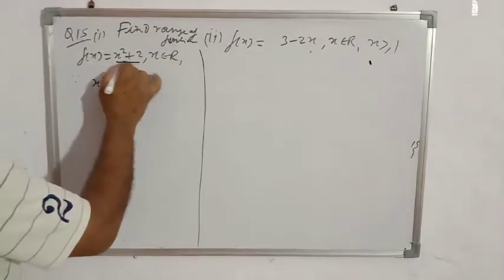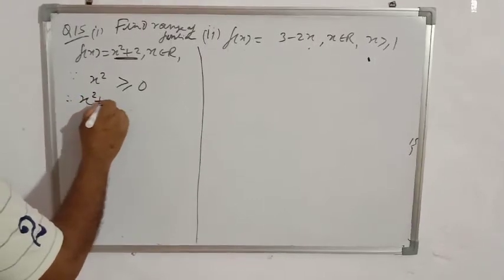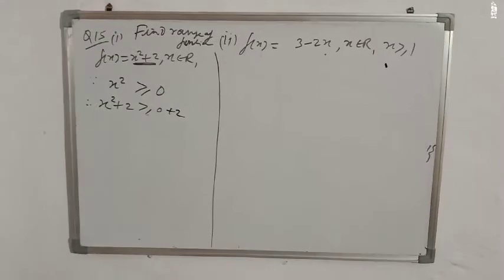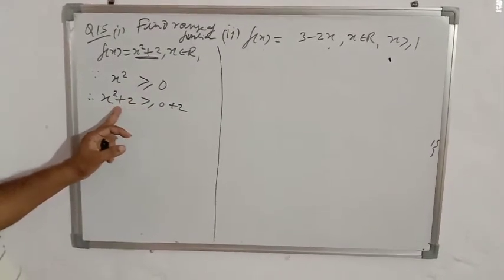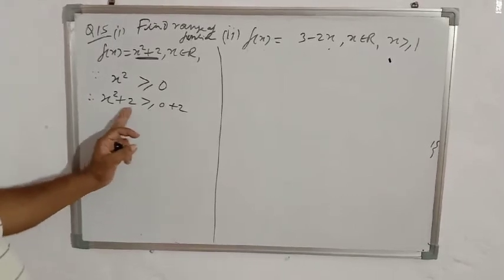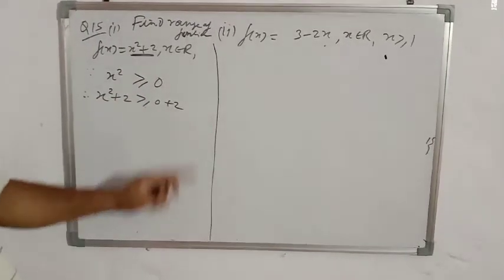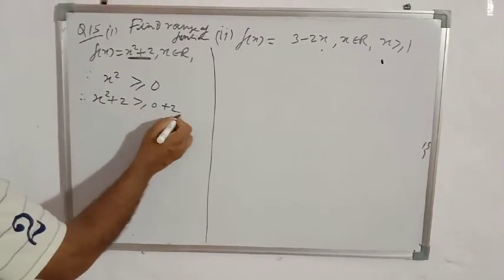f(x) is x square plus 2. So adding 2 on both the sides: x square plus 2, and on this side 0 plus 2. In inequality, as you studied in class 10th, if we add the same number on both the sides, the inequality does not change. So x square plus 2 greater or equal to 0 plus 2.